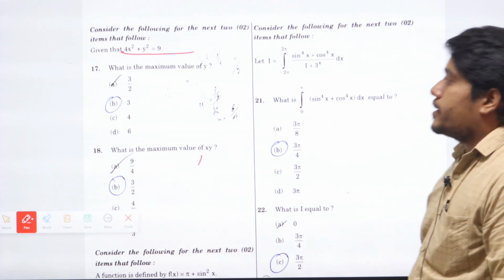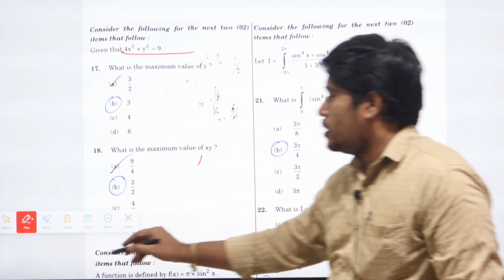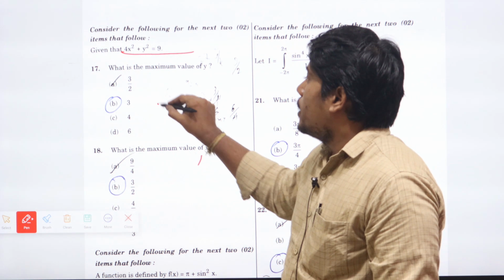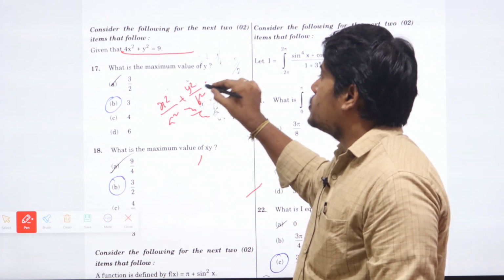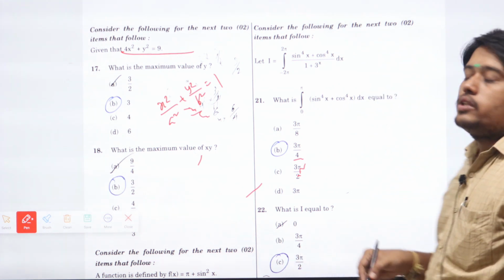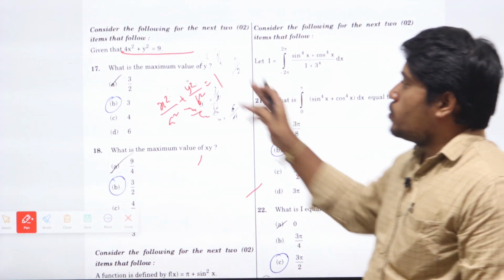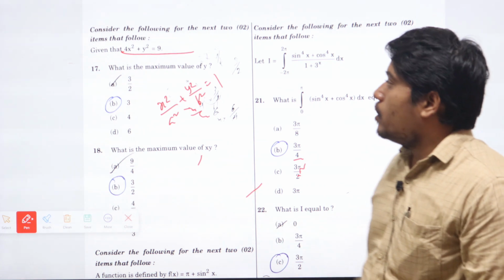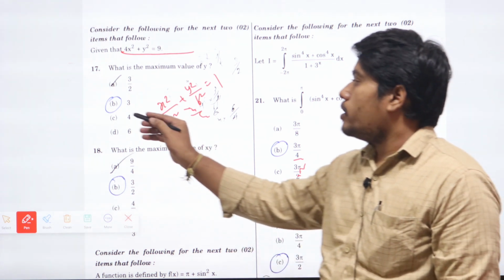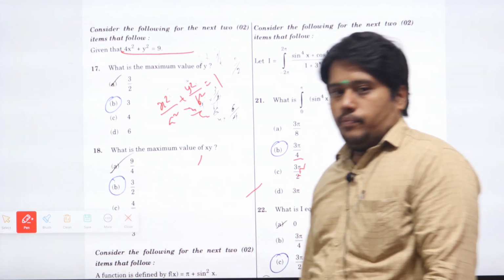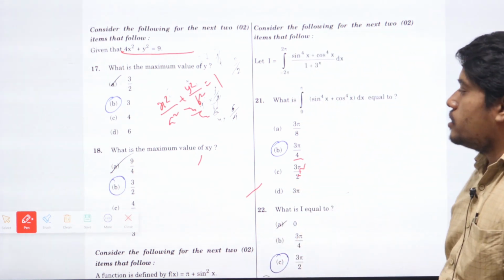We have to change it to the general equation of an ellipse, x square divided by a square plus y square divided by b square equal to 1. Using that, we find the maximum value of y. The maximum value of y is 3. Option B will be the right answer.